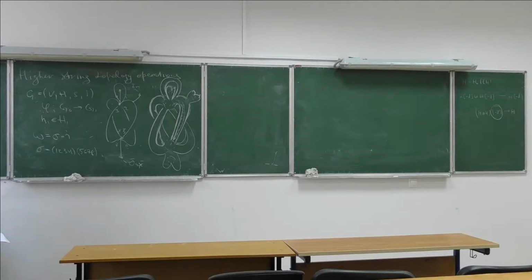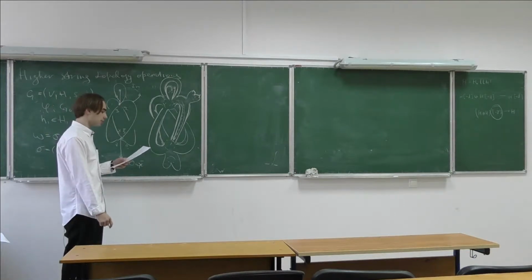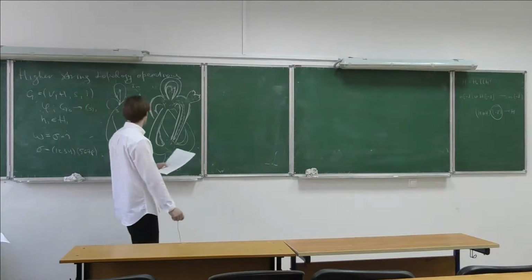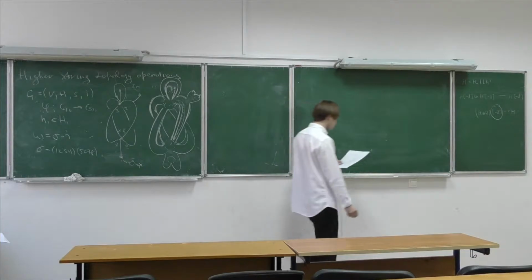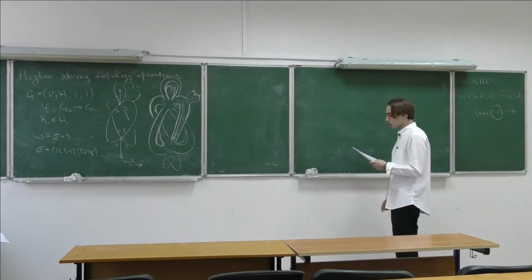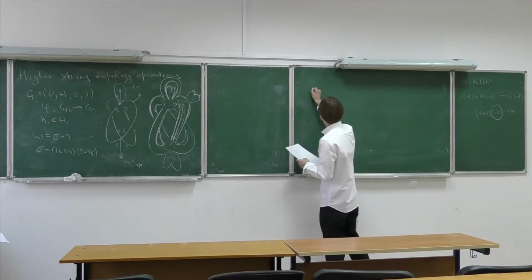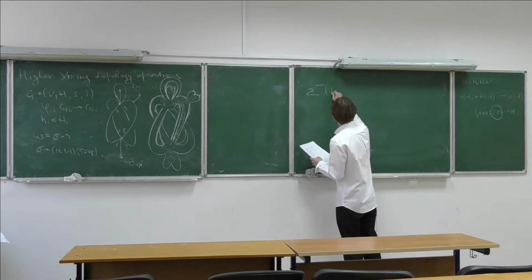Okay, so the next step in constructing these operations, which I will not prove whatsoever, is the following. Using this model of open-closed fat graphs, we can construct the following maps of spectra. So I believe we take the suspension.